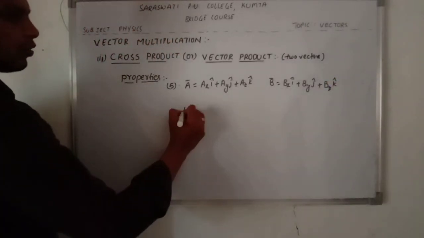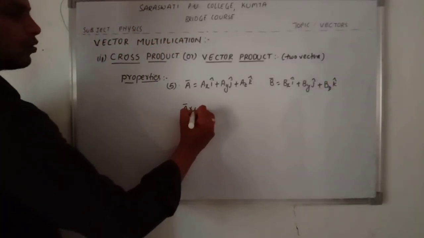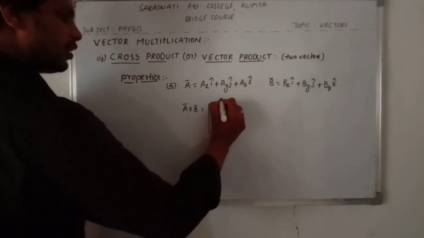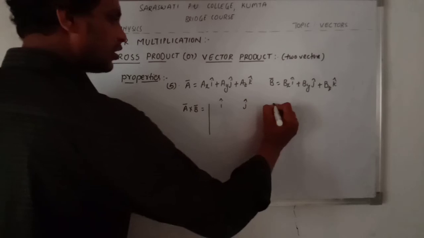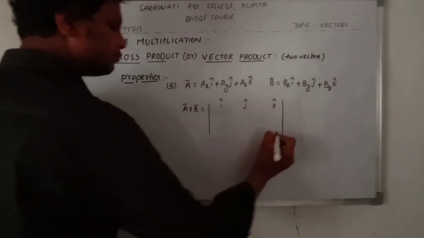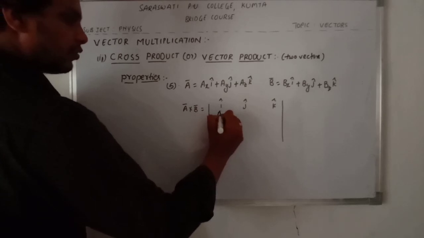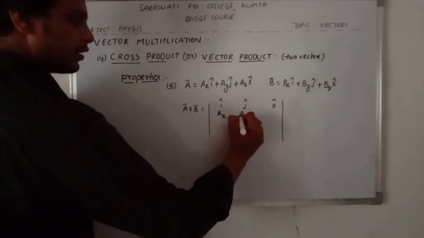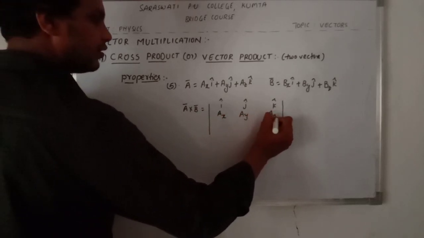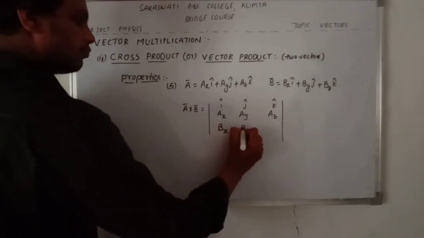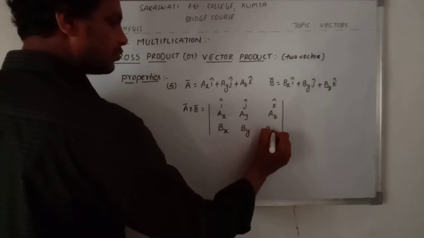Now according to the cross product, a bar cross b bar is equal to, I will take this as i cap, j cap, k cap. Now I will take ax, ay and az, and bx, by and bz.